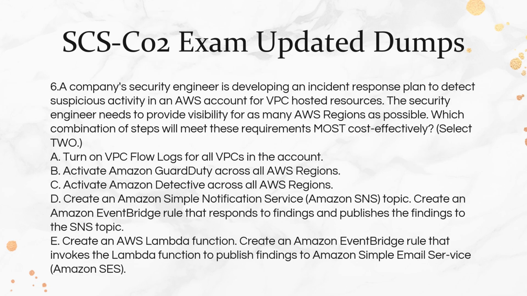6. A company's security engineer is developing an incident response plan to detect suspicious activity in an AWS account for VPC-hosted resources. The security engineer needs to provide visibility for as many AWS Regions as possible. Which combination of steps will meet these requirements most cost-effectively? Select 2. A. Turn on VPC Flow Logs for all VPCs in the account. B. Activate Amazon GuardDuty across all AWS Regions.